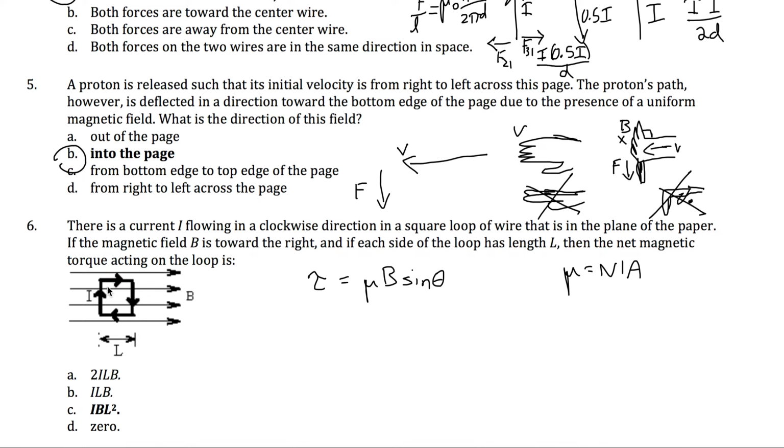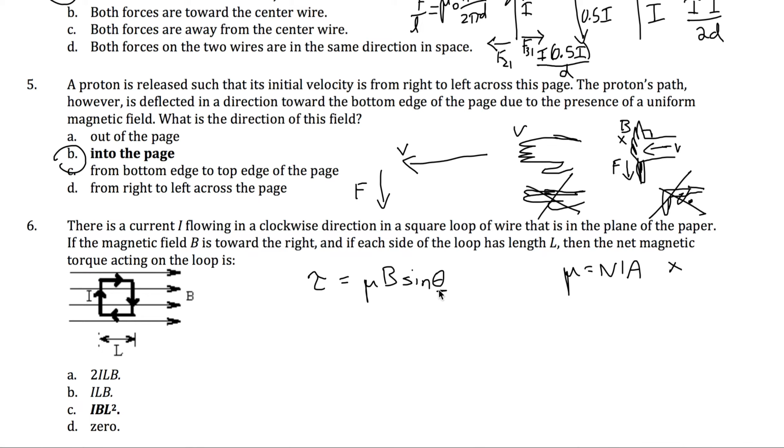So the area is in the plane of the paper. So in this case, the magnetic moment would actually point into the page. And I used the right hand rule. What I did is I folded my fingers in the direction of the current and my thumb pointed into the page. So that's how I knew that was the magnetic moment.